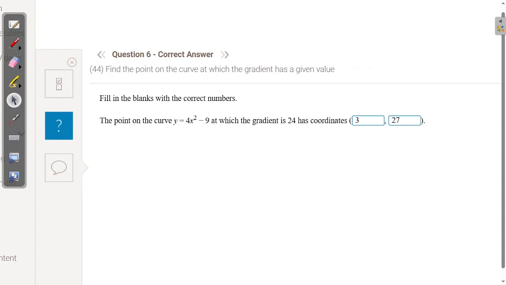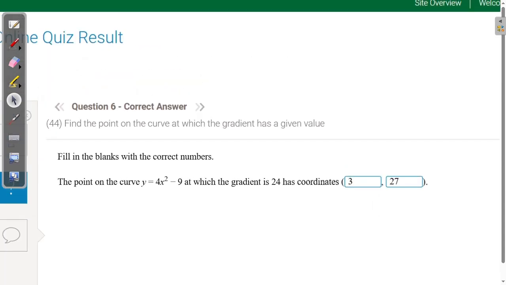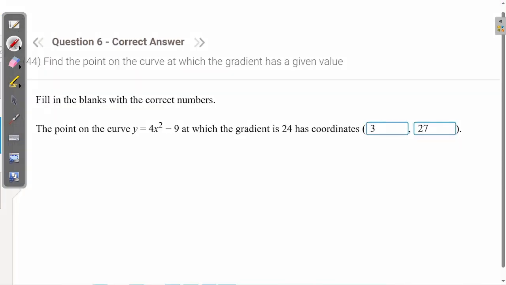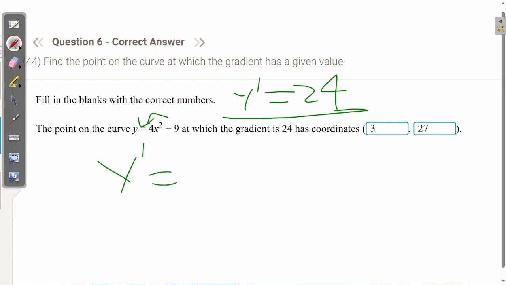A point on the curve y = 4x² - 9, so the gradient is 24. Coordinates what? Okay, so here they gave us y prime, it's 24. And what do they want us to find? They want us to find the point with this y prime. So first of all, let's find the general form of y prime. y prime is equal to 8x.